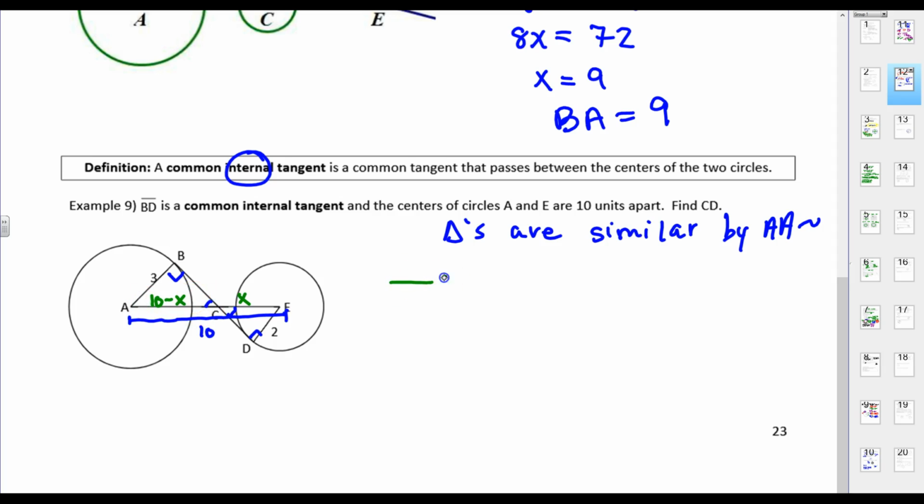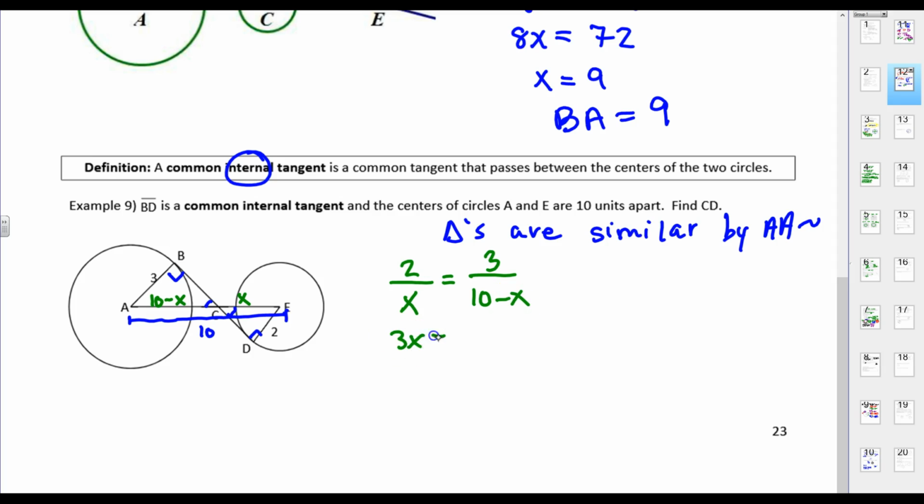So let's make a proportion. I'm going to look at the radius on top. If I'm looking at this tiny triangle here, my radius of this triangle was 2. And the part of that central segment for this smaller triangle here is X. Then on my larger triangle, my radius was 3. And the segment that connects the centers on this one is 10 minus X. And now we can solve this by cross multiplying.